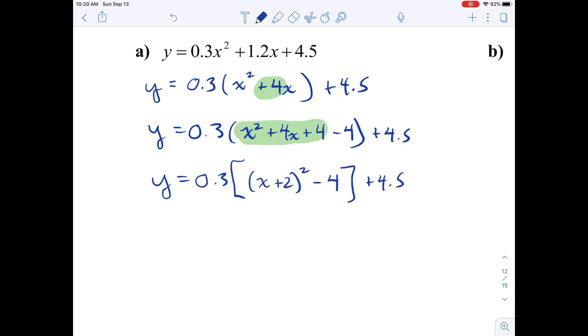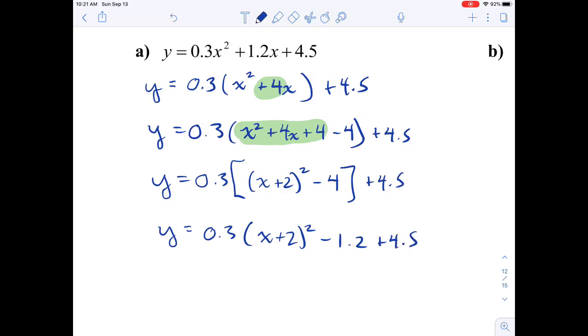And then, when this minus 4 gets moved outside of the bracket, it needs to be multiplied by 0.3. It doesn't need to be squared anymore. So negative 4 times 0.3 is negative 1.2.